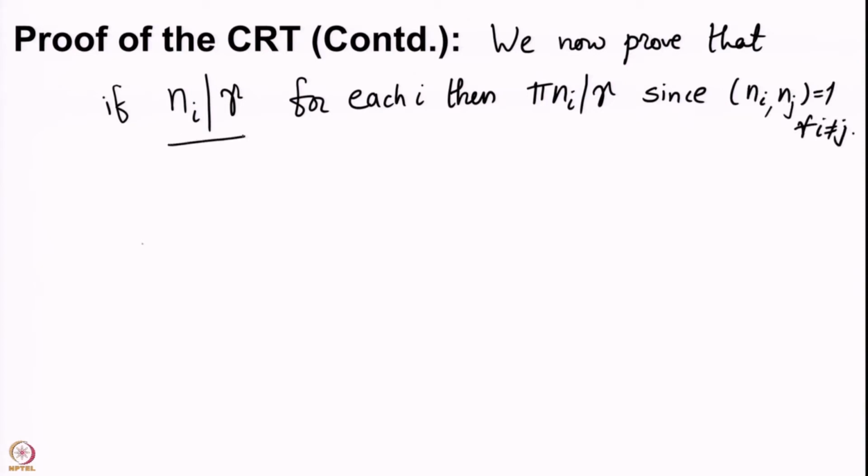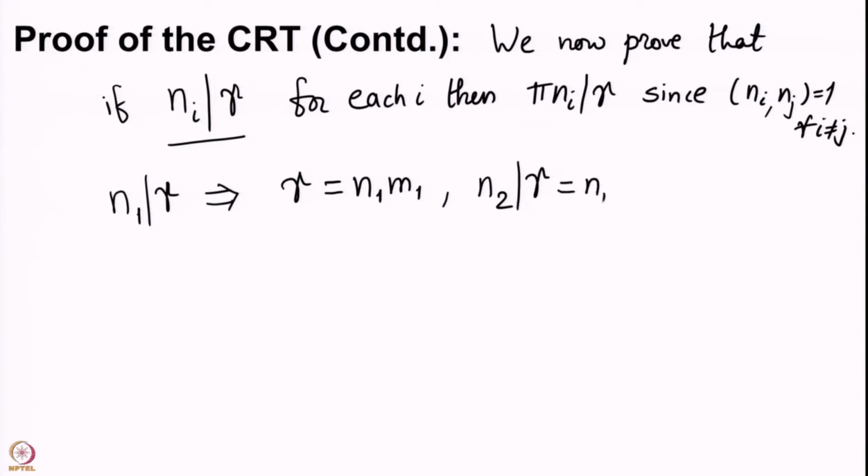Okay. So, this tells us that first of all you have n1 dividing gamma, and therefore gamma can be written as N1 into, let us say, M1. Once you have written gamma as N1 M1, we consider the case that N2 divides gamma. Now each prime factor of N2 will have to divide M1 because N1 and N2 are pairwise co-prime.